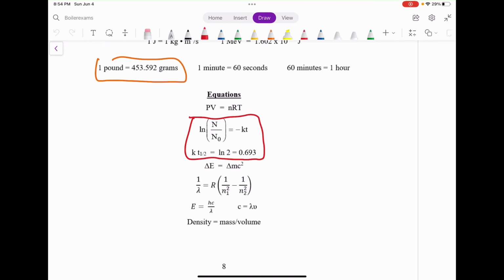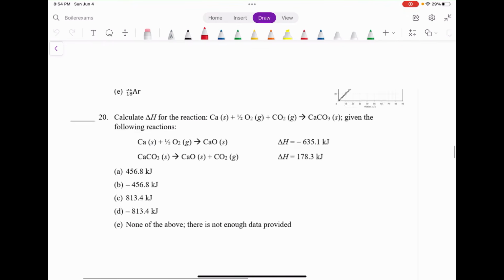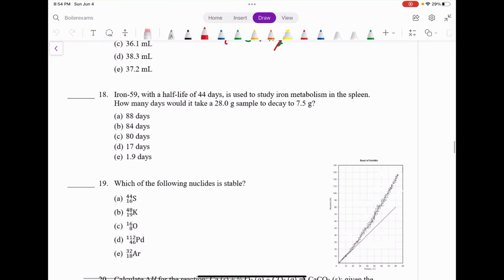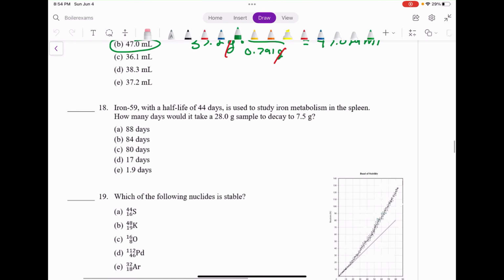So let's write those down. 18. We got the natural log of the final amount over the initial amount. N is going to be how many grams we have at the end.